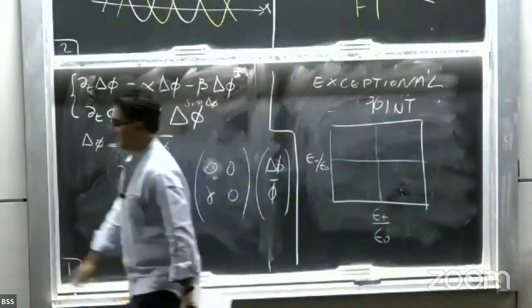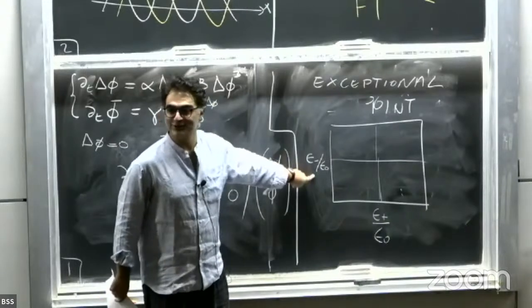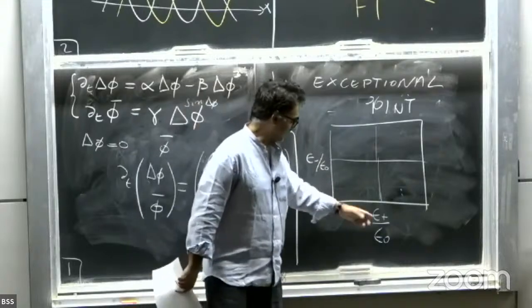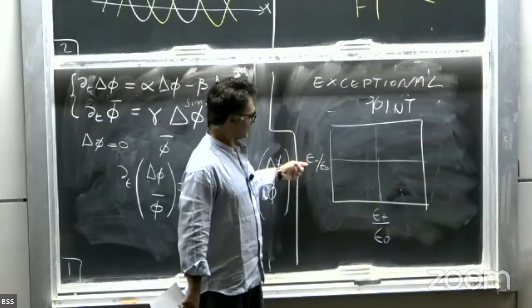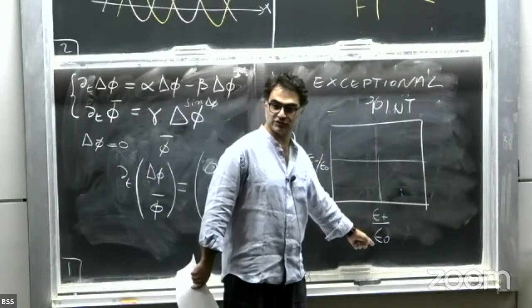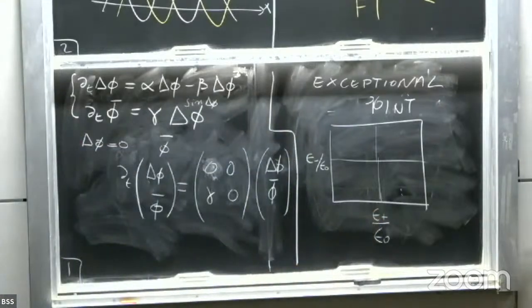So what is that? This is a bit like the ratio of the odd modulus to the shear modulus. And this is, sorry, the ratio of the odd modulus to the bulk modulus, and this is a bit like the ratio of the shear modulus to the bulk modulus. Why? Because E plus is the symmetric piece of the coupling. E minus is the antisymmetric one, the non-reciprocal.